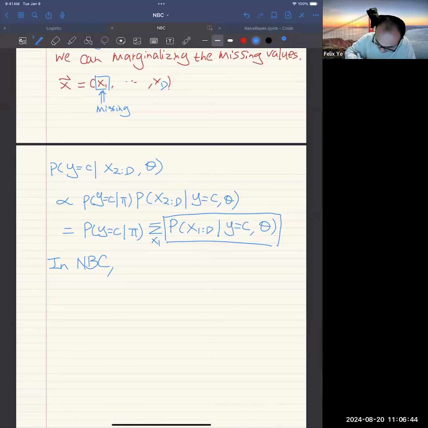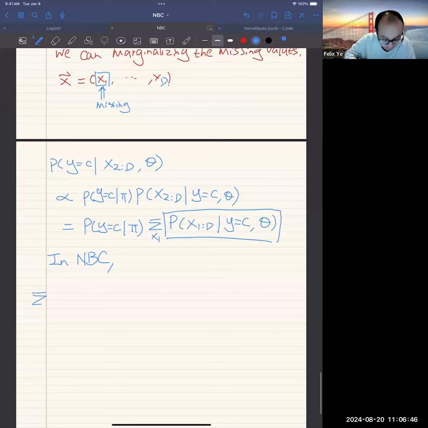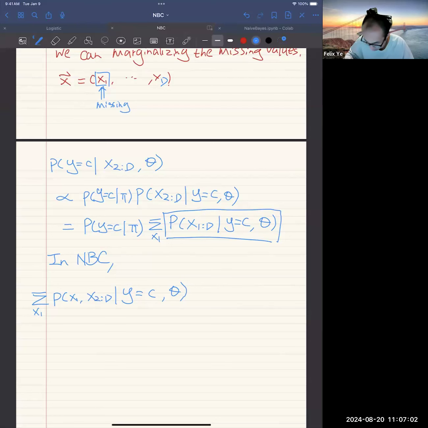The summation over x1 of the probability of x1, x2 to xD, conditional on y equal to c and theta. In fact, we can factor this because we know that conditional on y equal to c, in naive Bayes, the feature x1 and every other feature are independent.